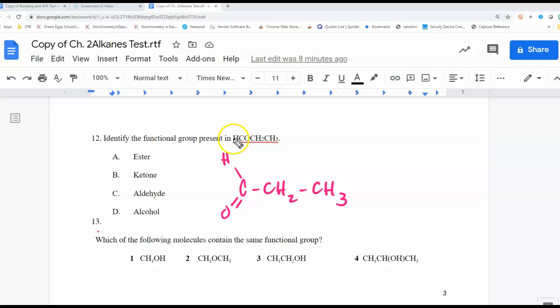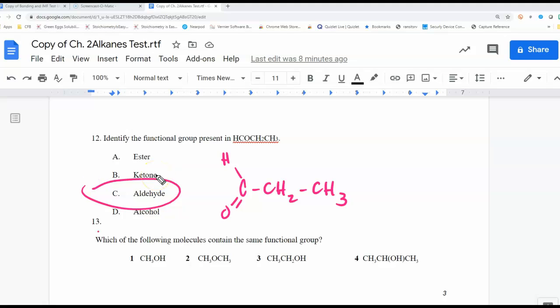And if I just do an H on one side and an O on the other side, even if I double bond the O to the C on one side and single bond to the O on the other side, I won't be using the right number of electrons. So if that's the case, when I have the double bonded O and the H on the ending carbon, I end up with an aldehyde. That one is an aldehyde.